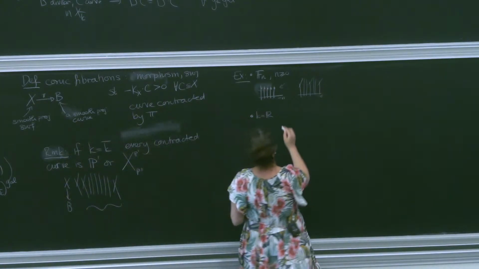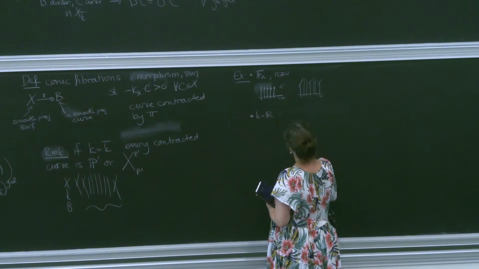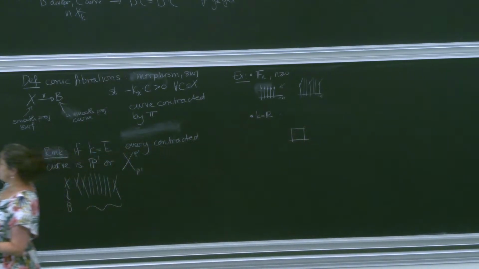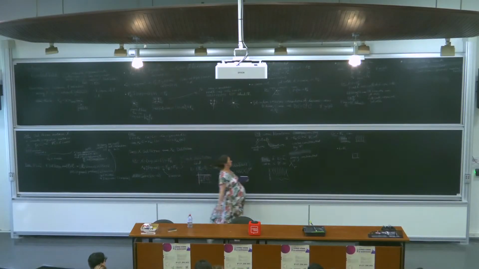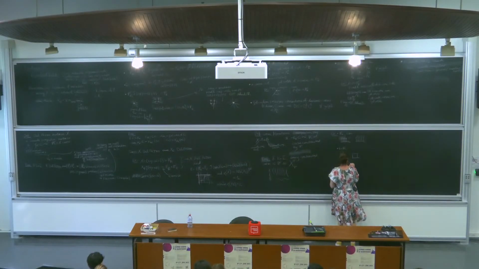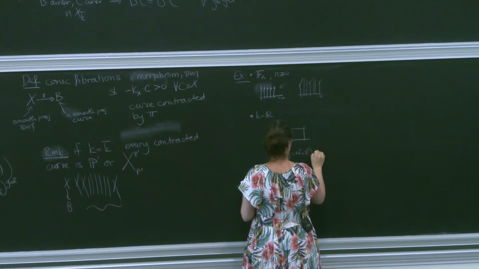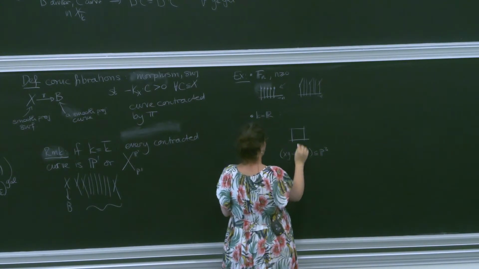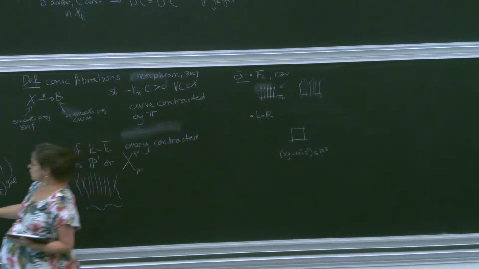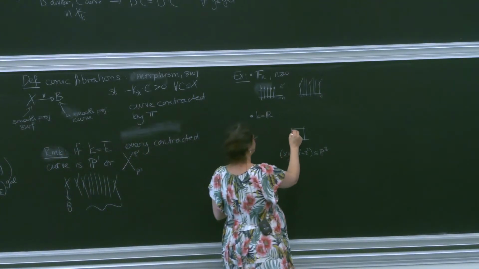So for instance, if I have my funny quadric surface in P3, I'm writing it down as P1 cross P1 together with the Galois action that exchanges the fibrations.